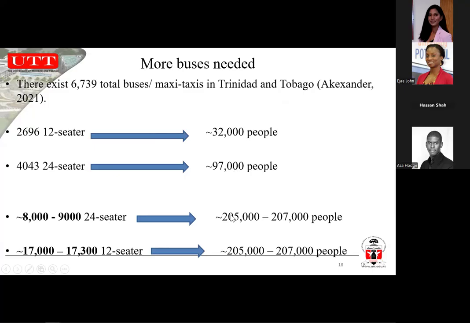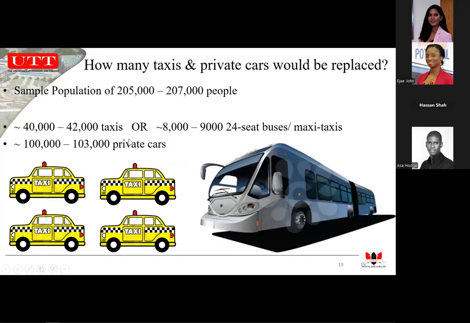So for a very small population, or in Trinidad and Tobago, a fraction of our population, in this range here, we would require approximately 8 to 9,000 24-seater or 17,000 12-seater maxi taxis. On the other hand, if we were to consider taxis and private vehicles for that same population range, we would require 40 to 42,000 taxis or 100 to 103,000 private vehicles.